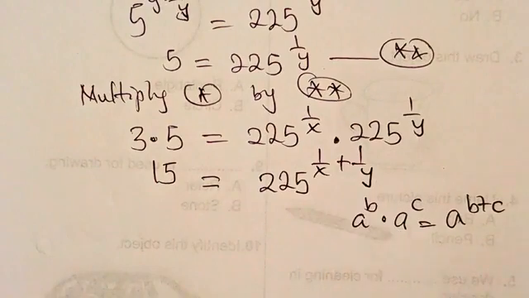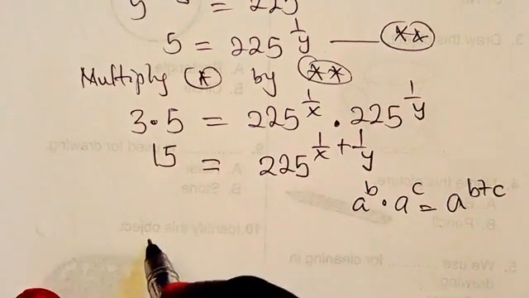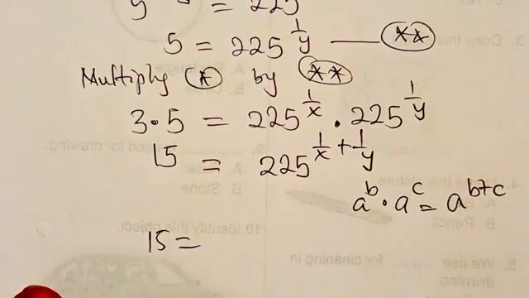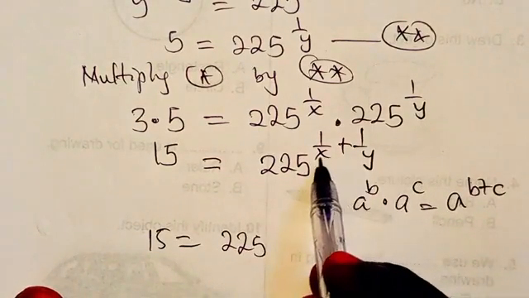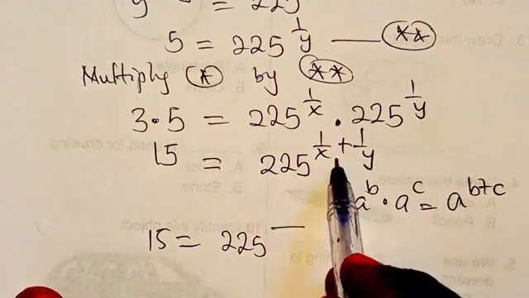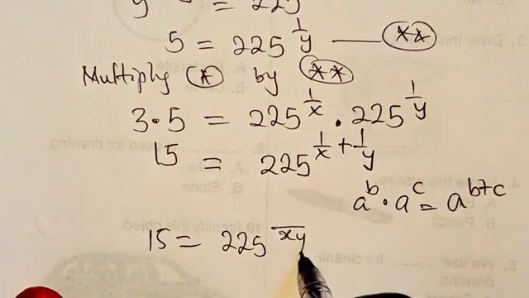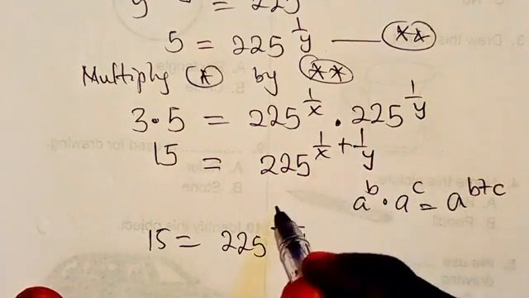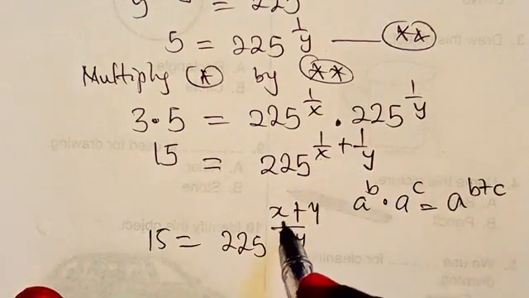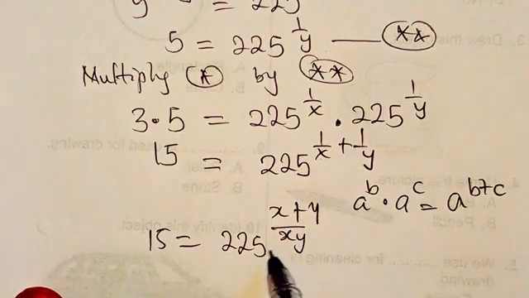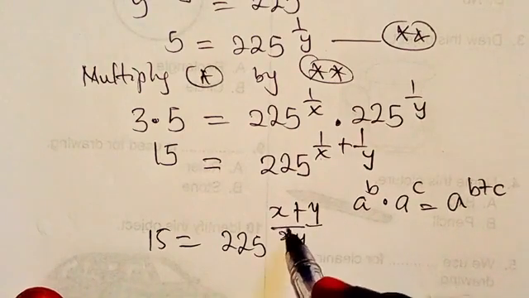So I have 15 equals 225 to the power. Let me write it as a single fraction. x times y is xy, x times 1 is x, y times 1 is y. So we have x plus y over xy.